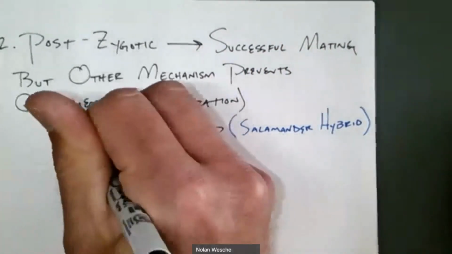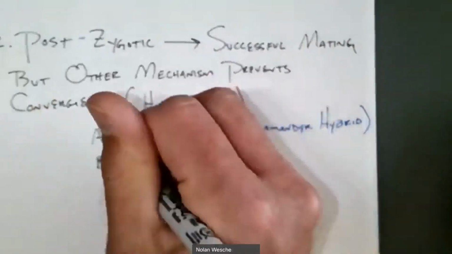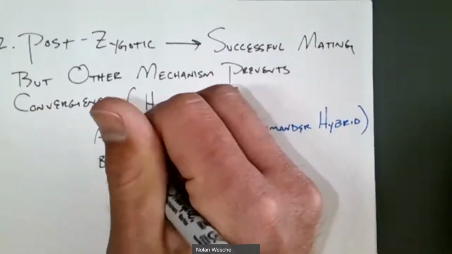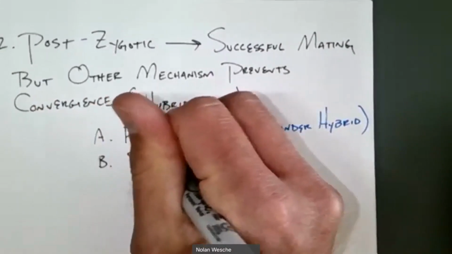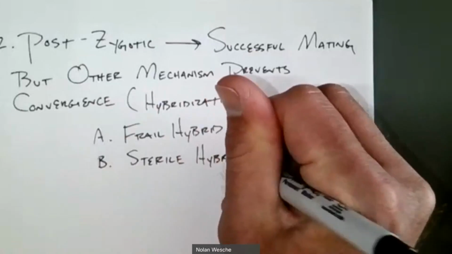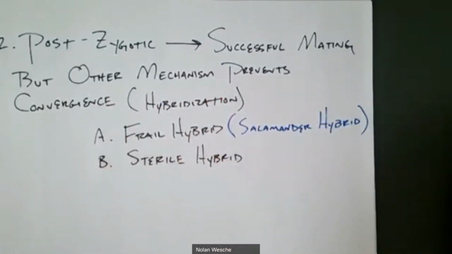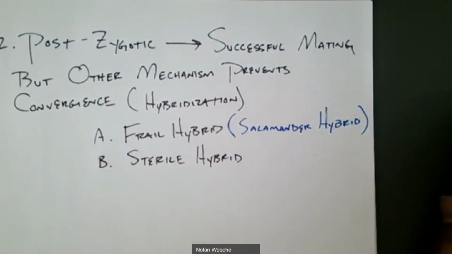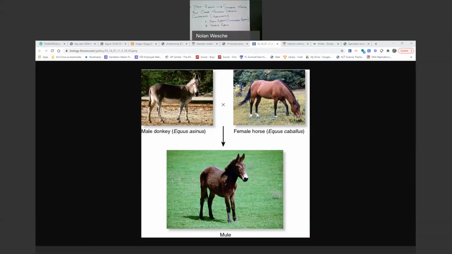We've somewhat talked about this earlier with the liger. The male ligers are sterile, so we have a sterile hybrid where they cannot breed successfully. We have another good example of this that we'll look at. If you breed a male donkey and a female horse, you get a mule, which is a common working animal on farms.